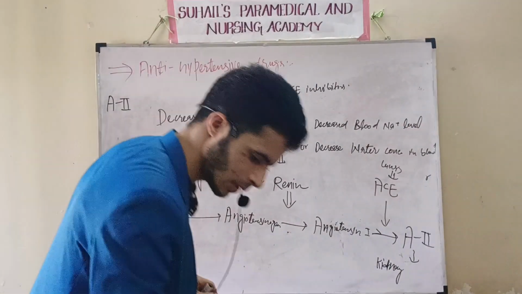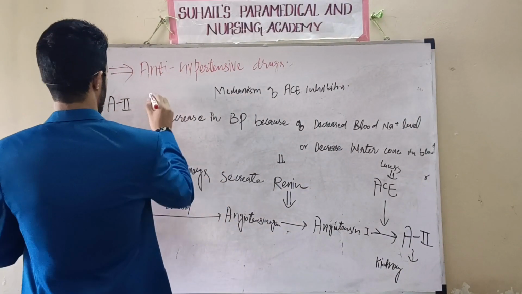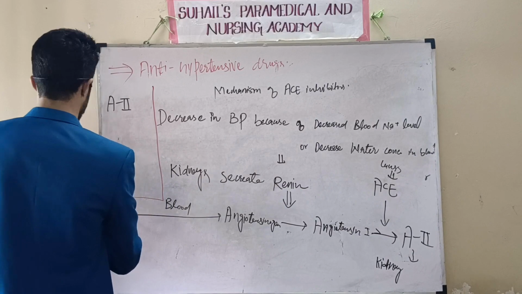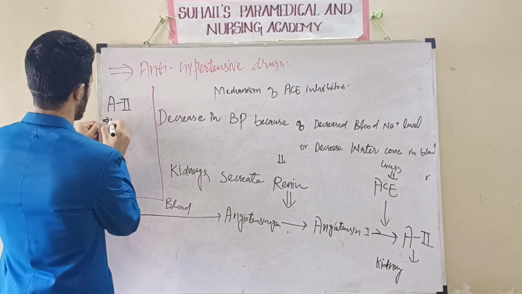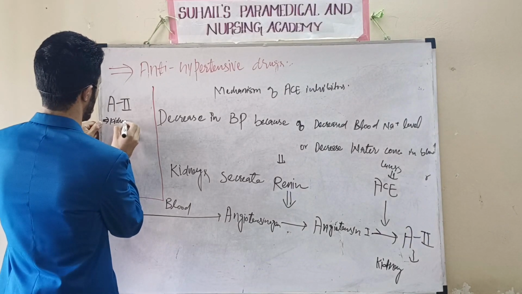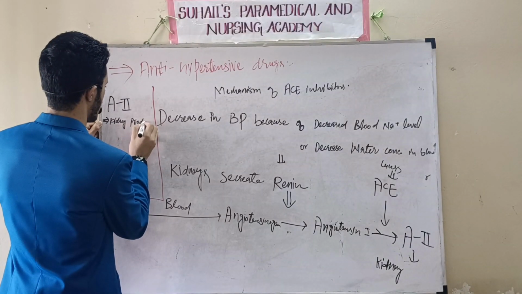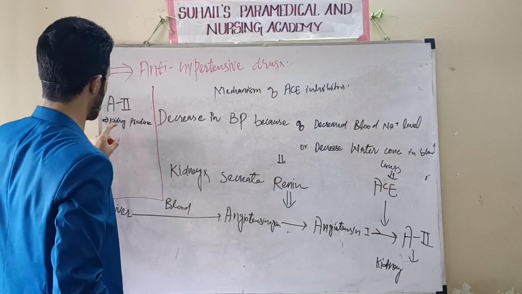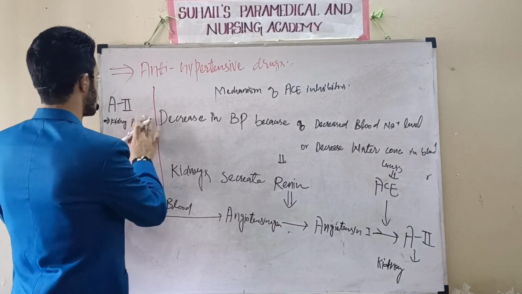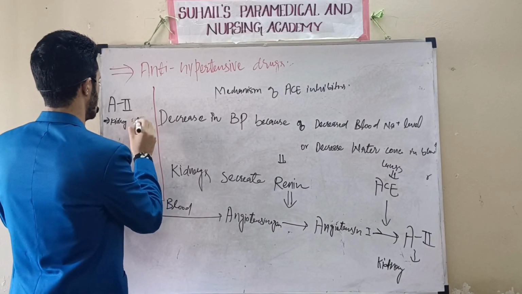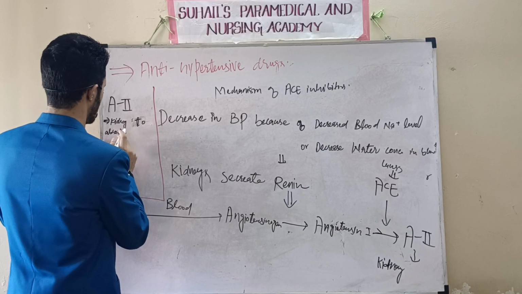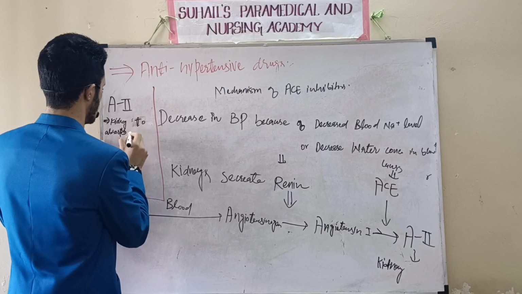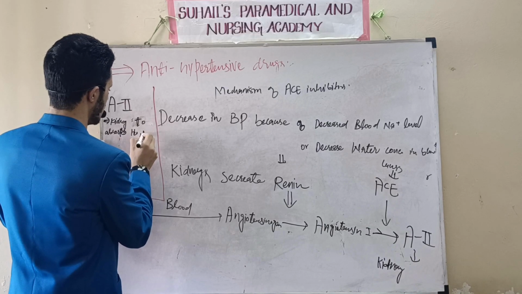Just remember here. Angiotensin second will act on the kidney. It will act on the kidney to reabsorb more water and more sodium.